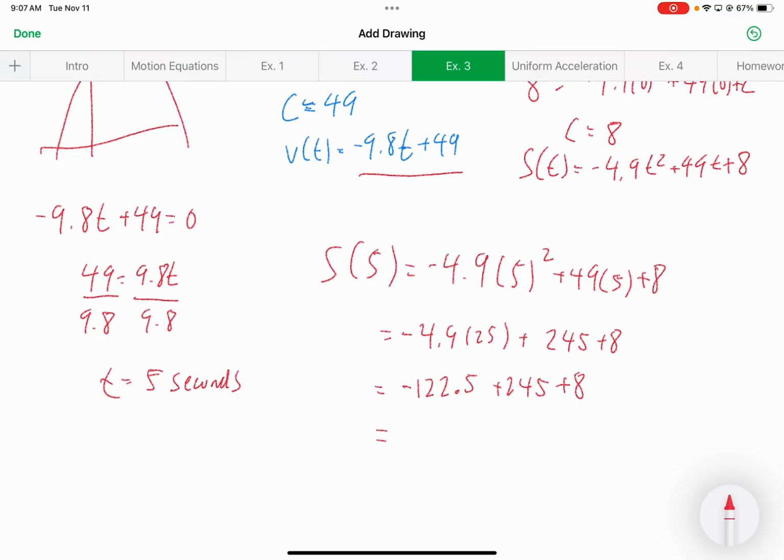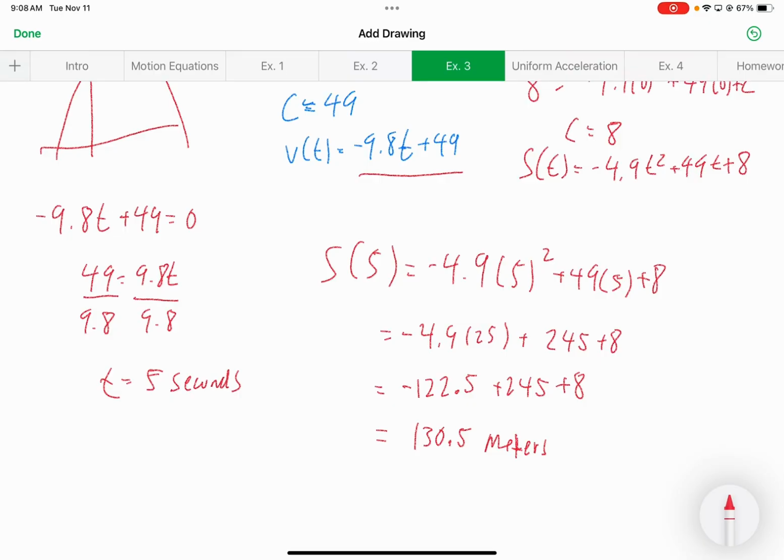I gotta combine those. When you add those together, I think it's 130.5.